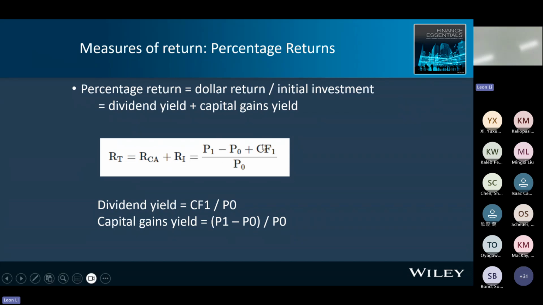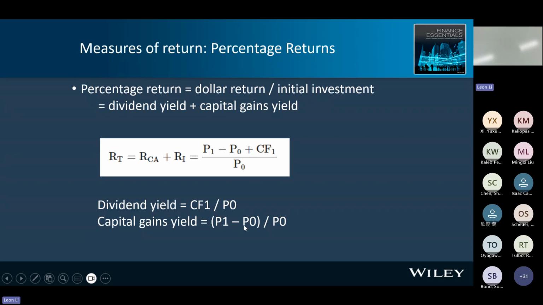The dollar return is divided by the initial investment. At T0, we buy the stock and we pay P0. This is our initial investment. Then you can see P1 minus P0 divided by P0, we define as RCA, the capital gain yield or capital gain return.